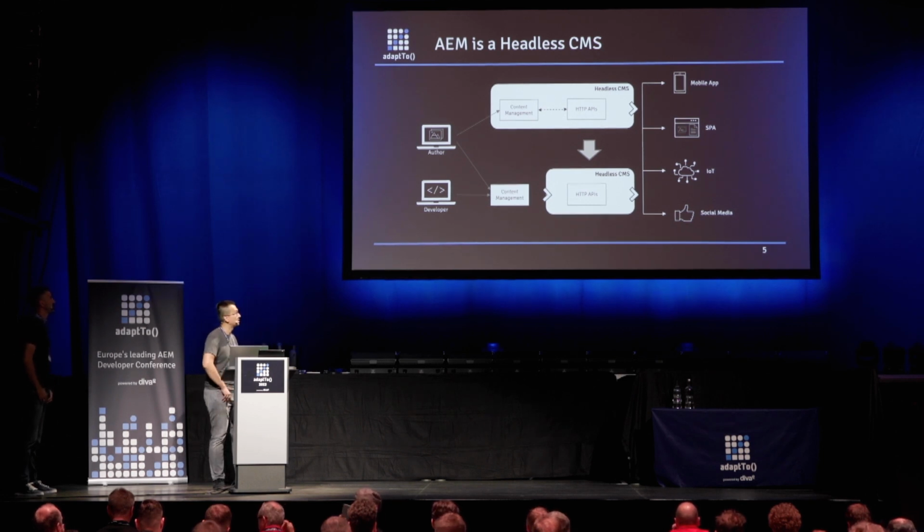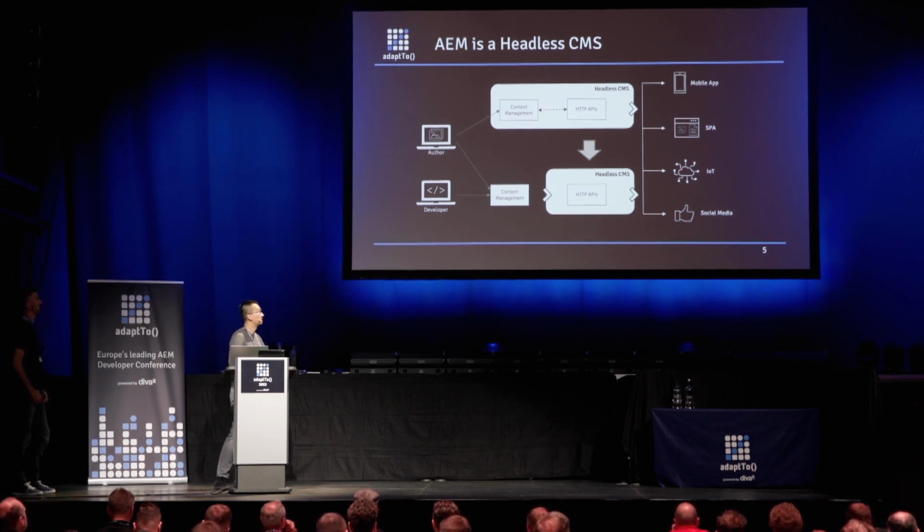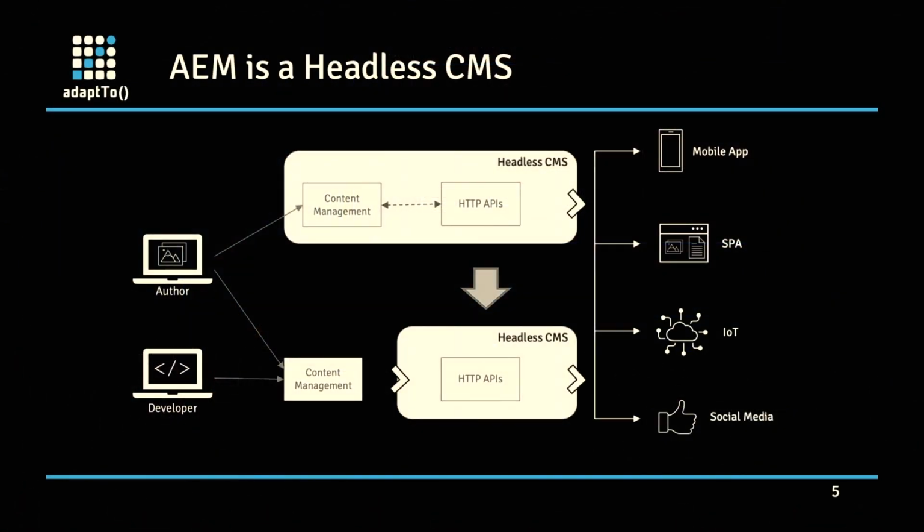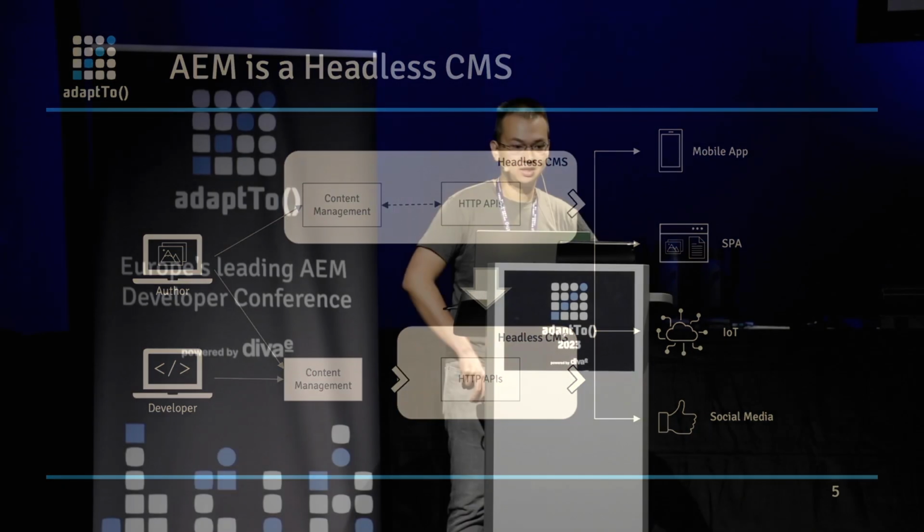So in this case, the HTTP API helps both the input from the outside and the output to the channels that will be responsible for rendering. And of course, the author in this case can also manage the content in the decoupled mode.